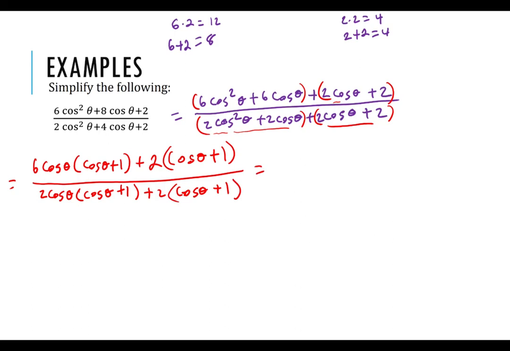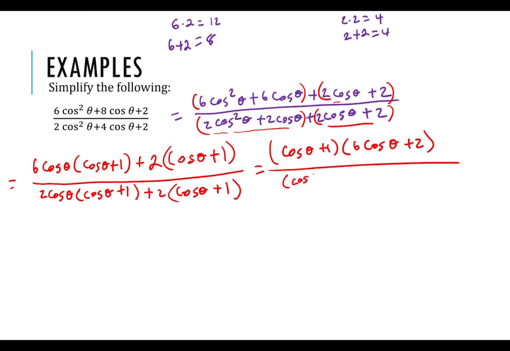And then I see that this factors as two nice binomials in the numerator and the denominator. That's going to be cosine theta plus 1 times 6 cosine theta plus 2, all divided by cosine of theta plus 1 times 2 cosine of theta plus 2. Then I recognize that I have cosine of theta plus 1 divided by cosine of theta plus 1. And so cosine of theta plus 1 divided by cosine of theta plus 1 is 1.